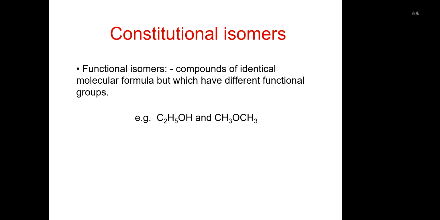The last one is the functional isomers. These are compounds of identical molecular formula, but which have different functional groups. For example, this is ethanol and this is ether. They have exactly the same molecular formula, but for ethanol, the functional group is what? Hydroxyl, right? And for ether, the functional group is the ether bond. So they are called functional isomers.